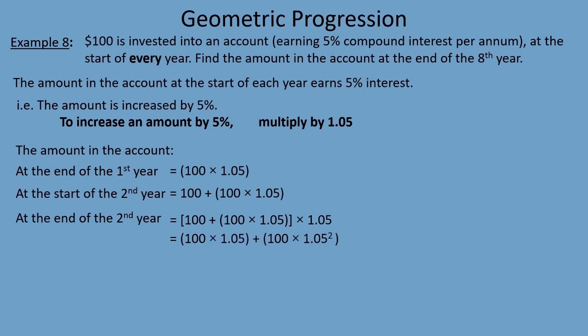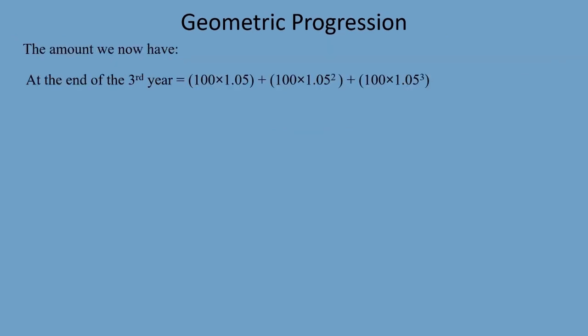At the start of the third year it is equal to 100 plus the above amount. The amount we now have at the end of the third year is equal to 100 times 1.05 plus 100 times 1.05 square plus 100 times 1.05 cube.